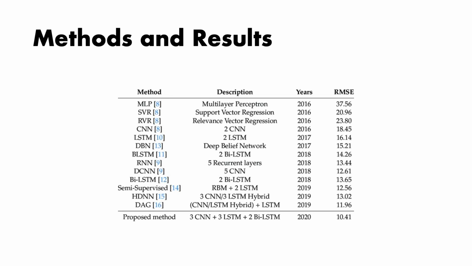This is a list of some of the works and proposals of models for the CMAPS. And you can see that the more complex the model, the less the error. So the accuracy increases the more sophisticated the model is.